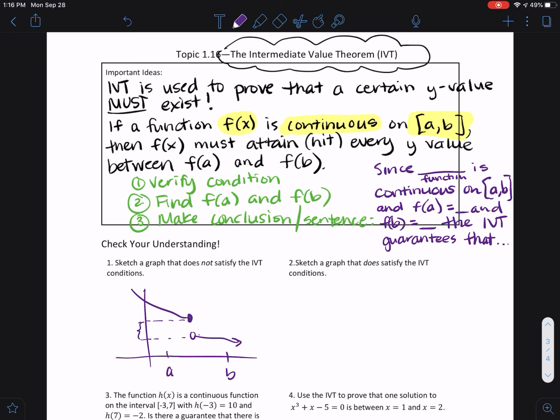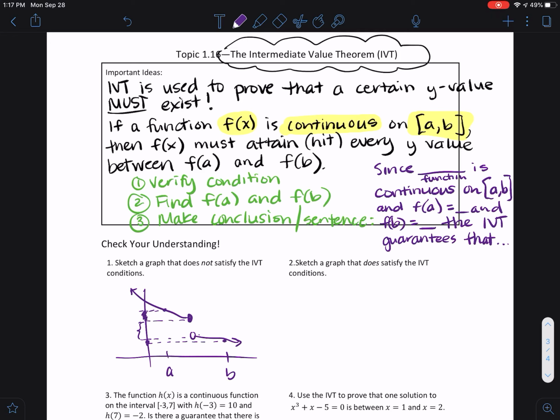Our function was not continuous, so we couldn't guarantee that every single y value was touched between f of a and f of b. f of a is over here, and f of b is down here. So we cannot conclude these ones were hit and these ones were hit, but the ones in between were not.